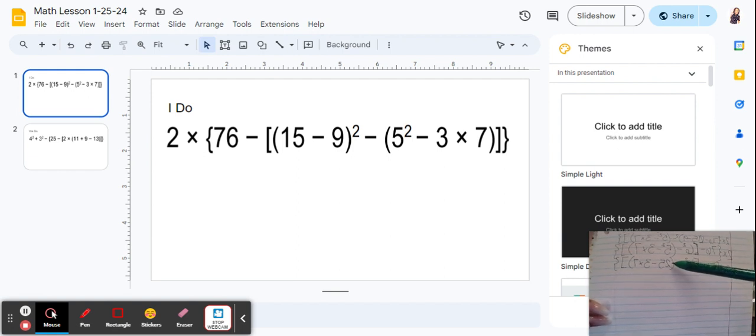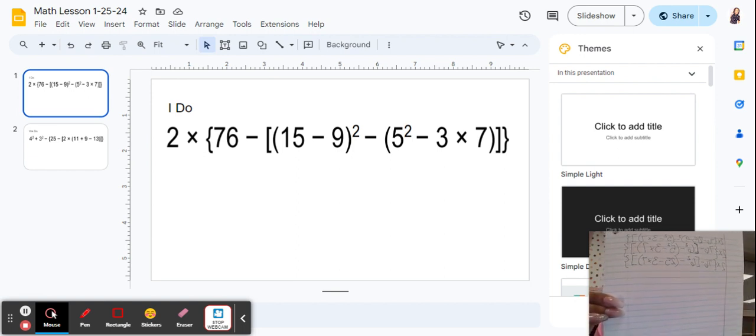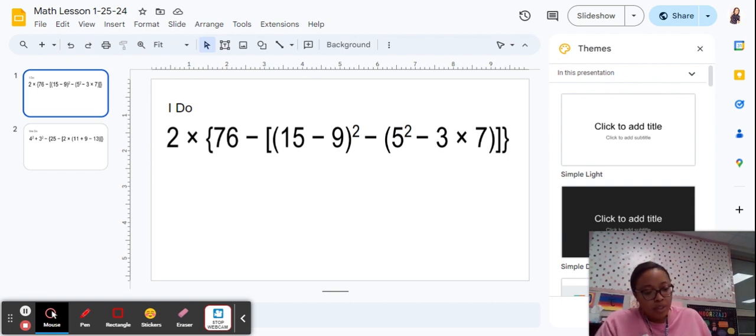So even though it looks like I should be going from left to right, I have to do 3 times 7 first because GEMS tells me I need to do multiplication first. So I'm going to solve this 3 times 7 right now. And I know that is equal to 21. Again, every single time, guys, you need to bring down everything you did not use.